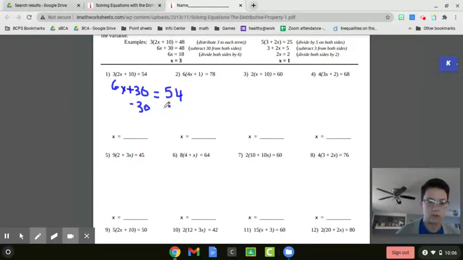Whatever we do to the left, we do to the right. And that gets us 6x equals 24. And then our next step is to divide by 6. So x has to be equal to 4.